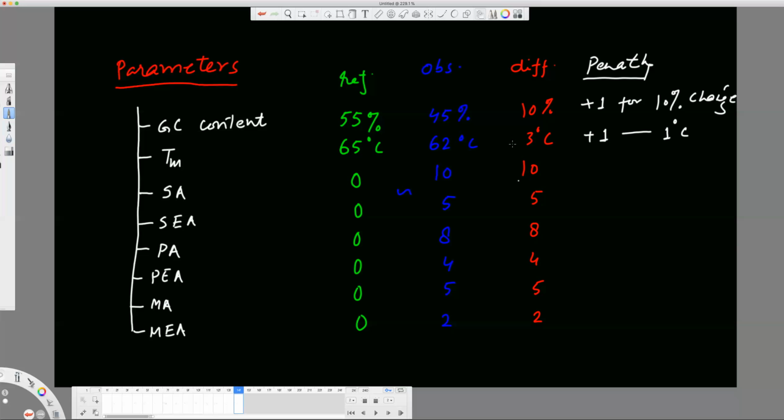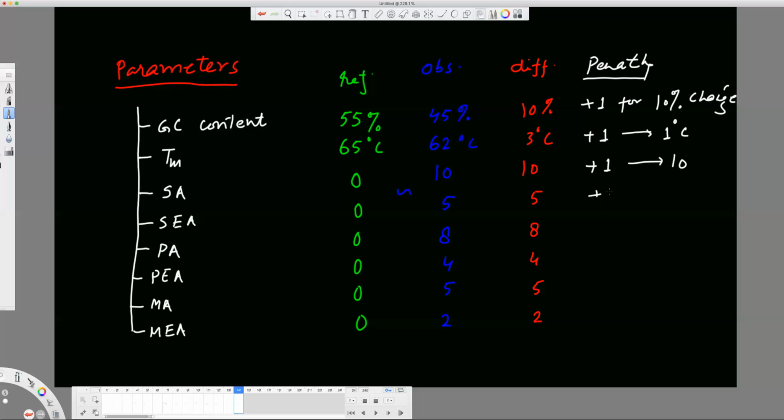It's an important biophysical property. While for the GC content, we can have it in percentage, we are a little bit flexible out there. So these are all educated values from the literature, from past experience. People learn which parameter is more important in a PCR reaction. And this is also optimized based on a lot of hit and trials. And it turns out that people say, I will give +1 penalty for every 10 unit change.